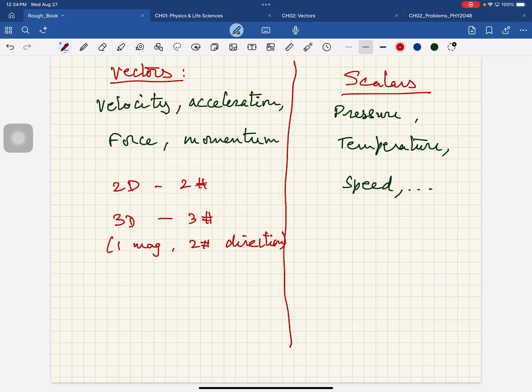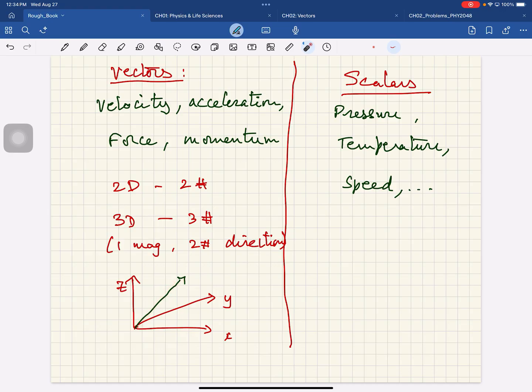Let me show you an example. Here is an axis, and here is a vector. Vectors are denoted by line segments. The length of the vector gives you the magnitude. So the convention would be, let's say you're going at 50 miles an hour in this direction.